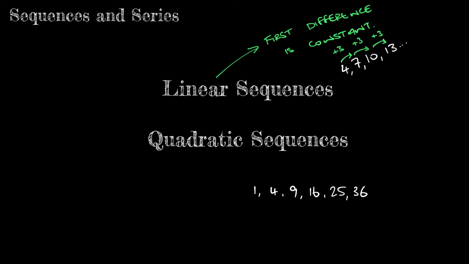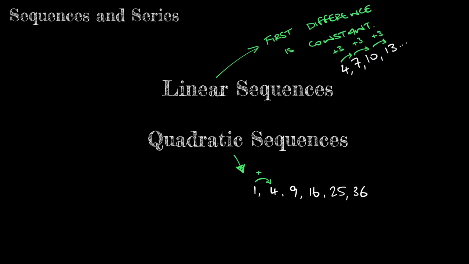So now we're going to look at quadratic sequences. And you can see there, the quadratic sequence is this one here. And they're slightly different. So what you'll notice about a quadratic sequence is that the first difference isn't constant. So let's look at the first difference there.